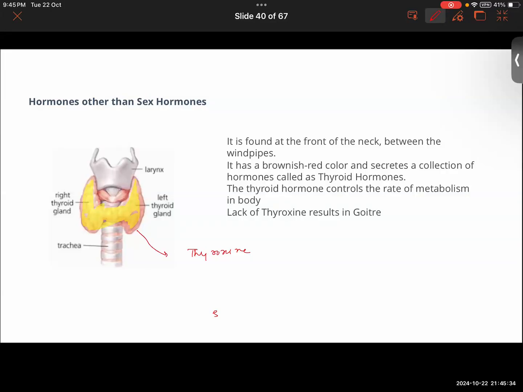So what will actually happen there? When iodine is not provided to the thyroid gland, or if there is lack of iodine in our diet, this thyroid gland will expand. It will expand and try to absorb the maximum amount of iodine that it can from our body.